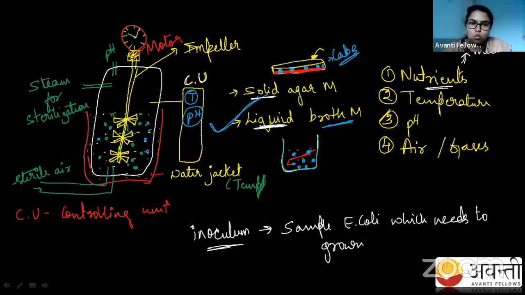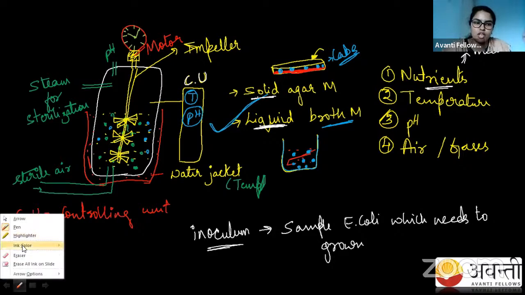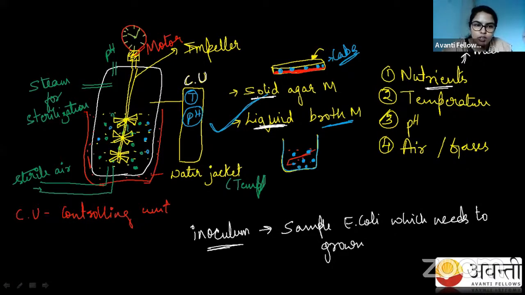Right. So we have to maintain the temperature. In the controlling unit there is a temperature knob. If you want to increase or decrease the temperature, there is a water jacket, which helps in the entry of water.